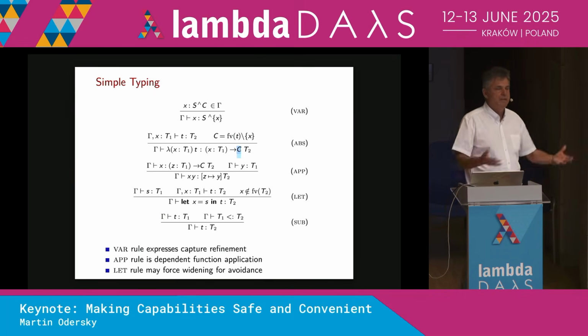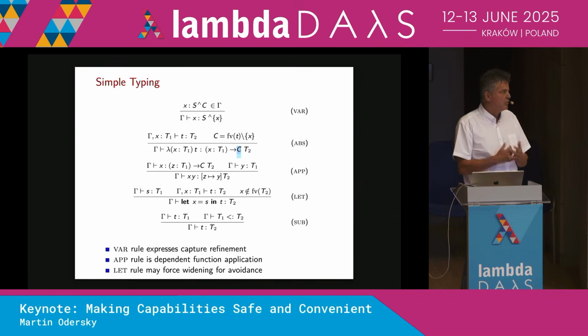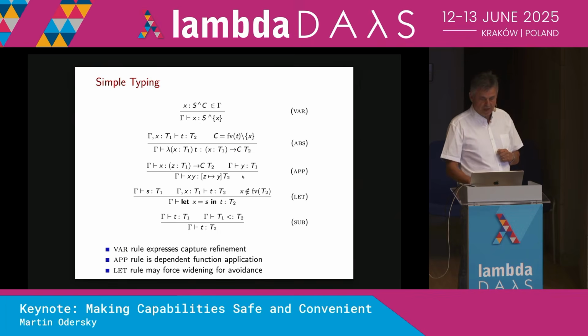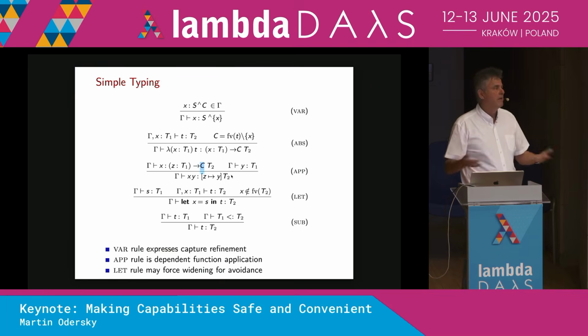Well, you say that captures all free variables. Yes, but we can drop all variables which are pure, which are not capabilities, by the rule that I've shown you before. So this will, in the end, just capture the capabilities. That's all we need. And the capture set of a function gets discarded when we apply the function, because then the capabilities are done. They are no longer present in the result.